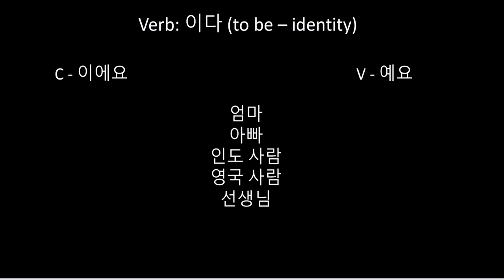If we go back to here, the verb 이다 either conjugates to 이에요 if our identity word ends in a consonant, or it conjugates to 예요 if our identity word ends in a vowel. So these are the identity words we'll use for this example.